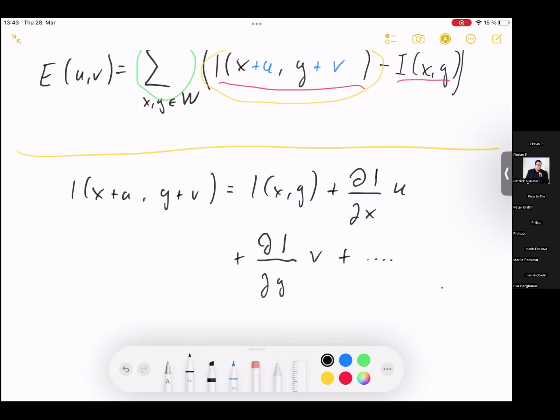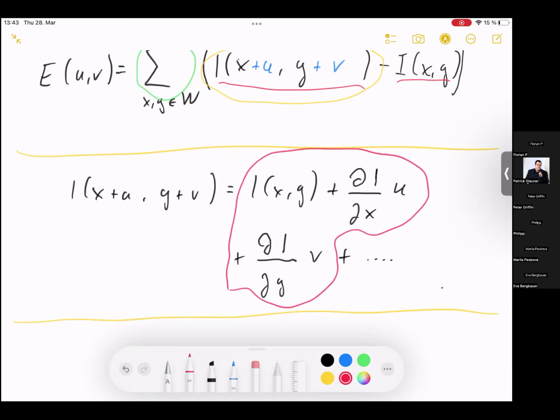So this is the Taylor expansion of our intensity window that is shifted. And what I care about now is only the first three parts. So I'm highlighting this in red. I eliminate the higher order terms, and I only care about these first three terms.